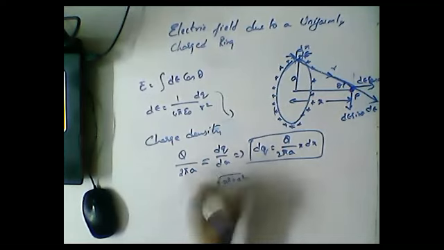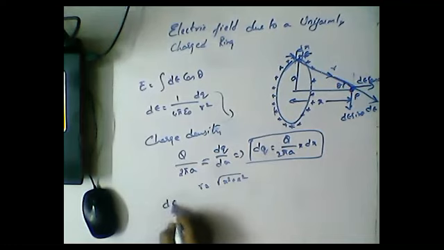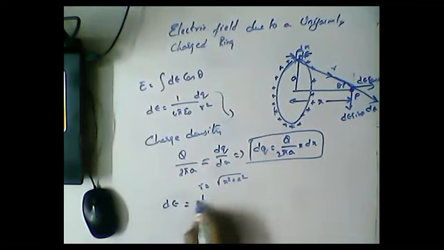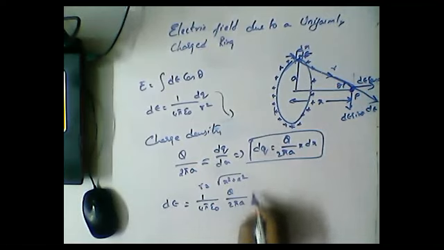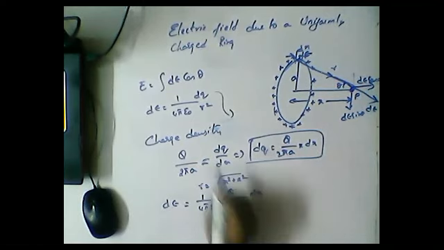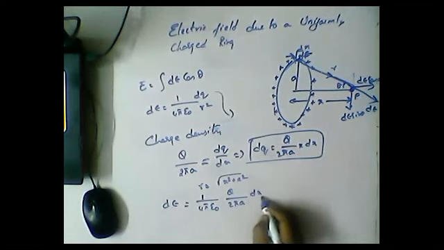From these two equations we get dE is equal to 1 by 4 pi epsilon, and dq is Q by 2 pi a dx, and here r square, so we can write this as x square plus a square.